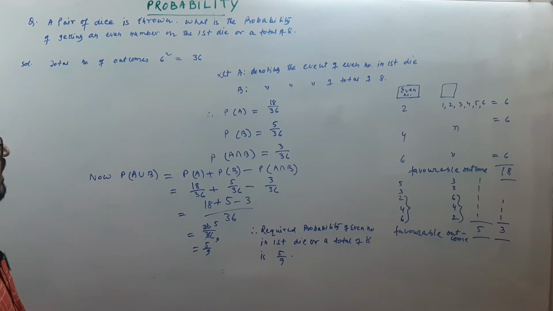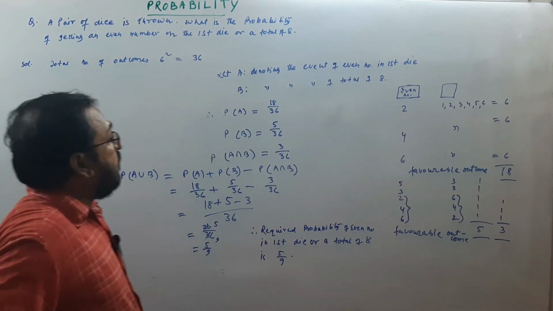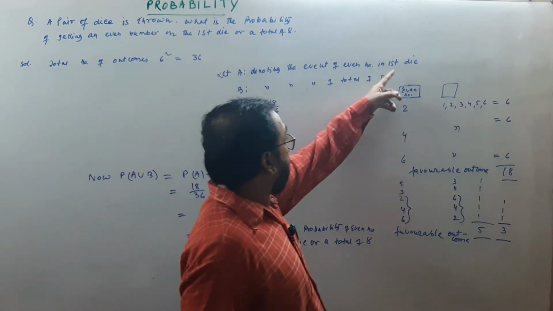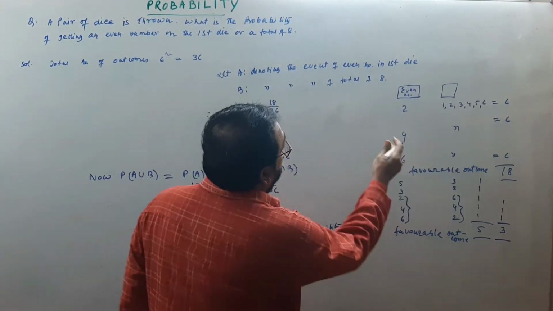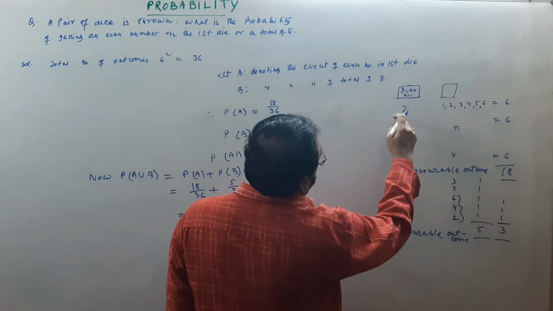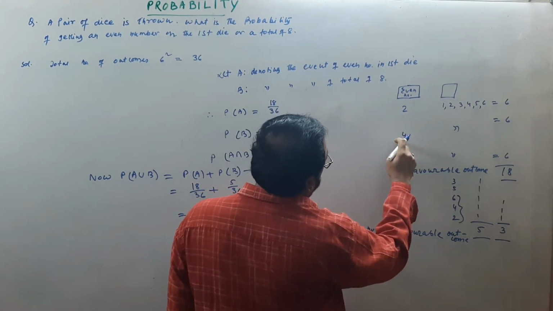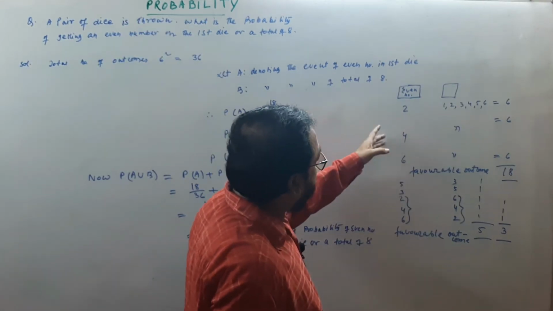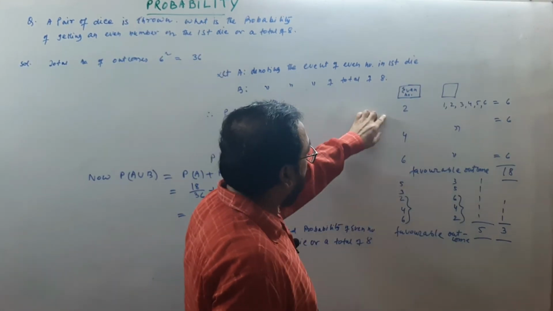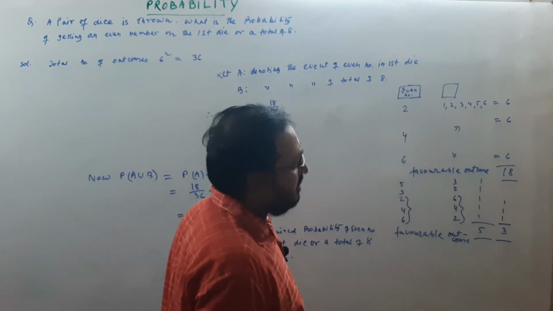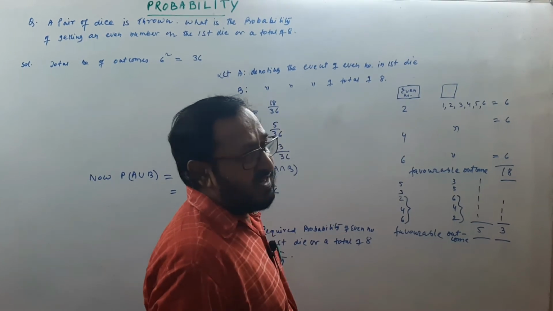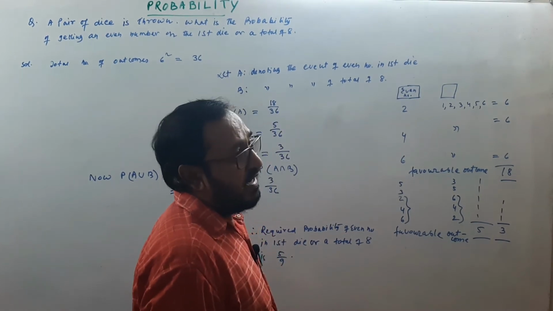Now PA, the probability of occurrence of event A, that is an even number in the first die. Now in the first die there are 3 even numbers, 2, 4 and 6. But there is no restriction in the second die.